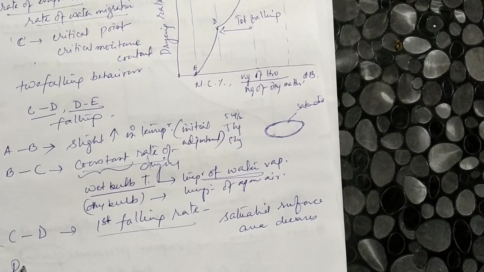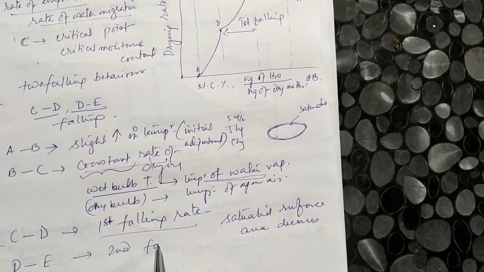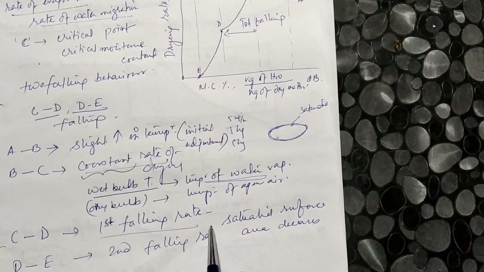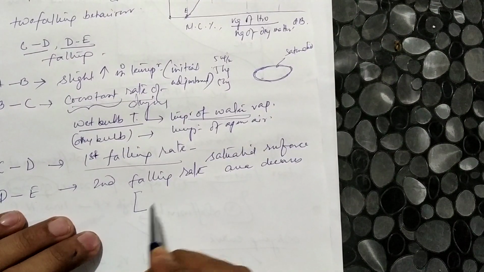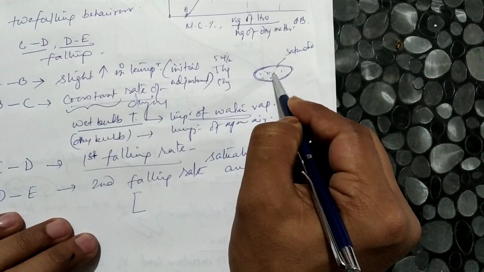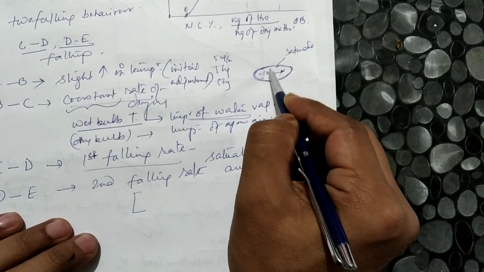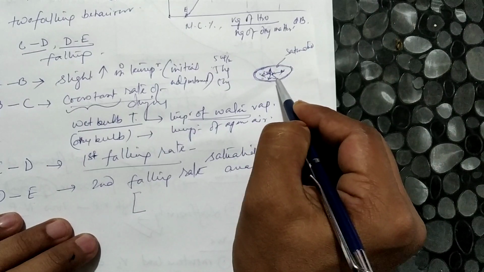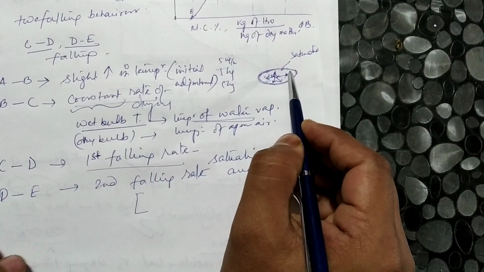Fast falling. And D and E is your second falling rate. Here what happens is internal movement of water within the pore space, within this porous medium. There will be internal movement of moisture that is removed, but very slowly.